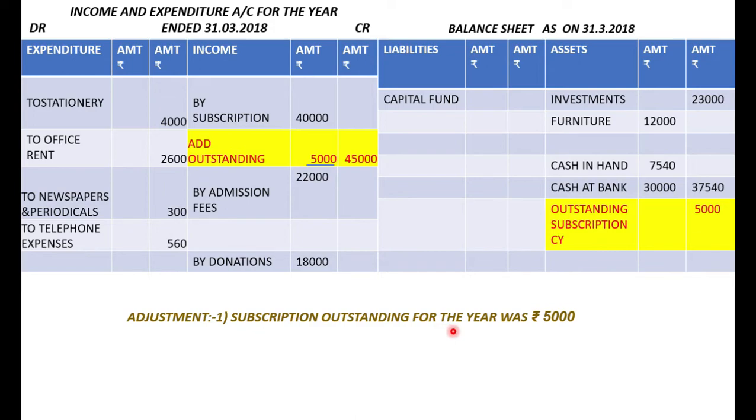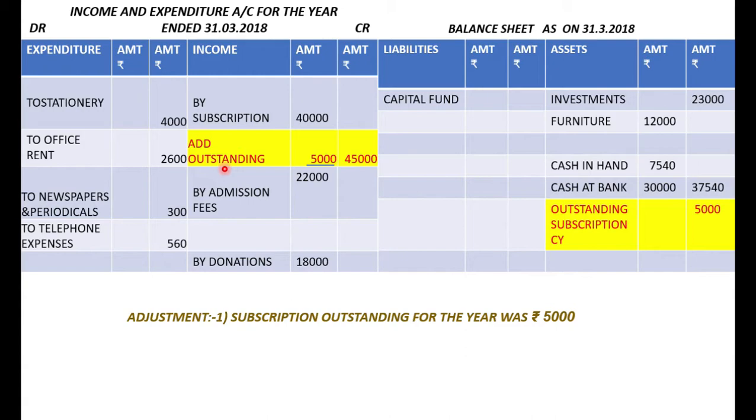So we will add to the subscription on the income side of income and expenditure account, that is the credit side. Add outstanding 5,000, outer column 45,000. So this is our first effect of outstanding subscription for the current year.